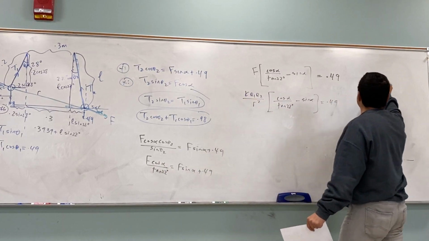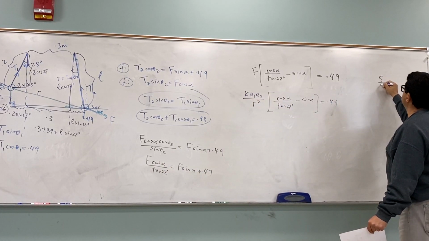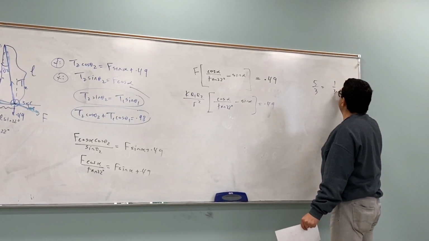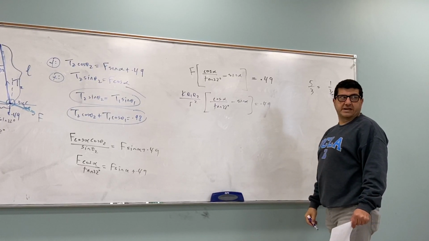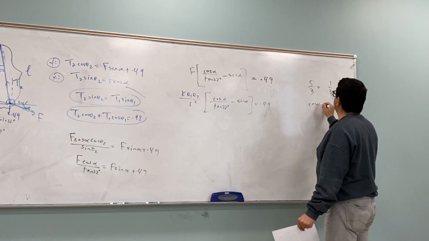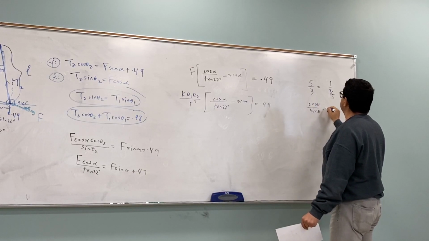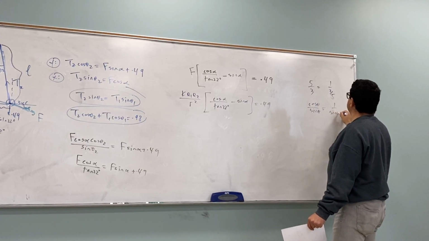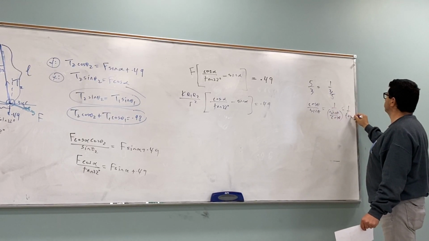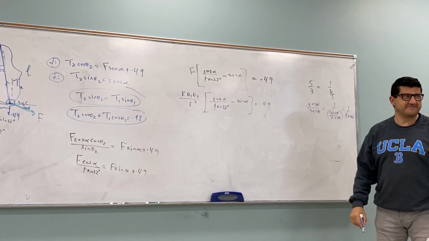It's like I'm saying 5 over 3, let's say, is equal to 1 over 3/5 mathematically. You see? So cosine over sine is equal to 1 over sine over cosine, and then 1 over tangent.